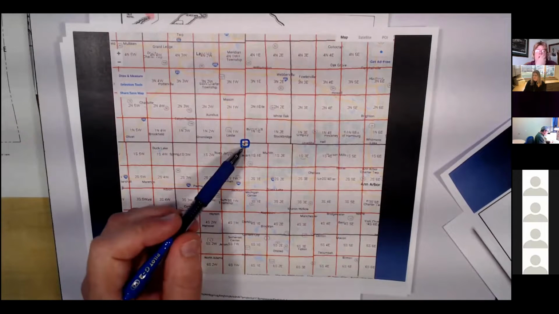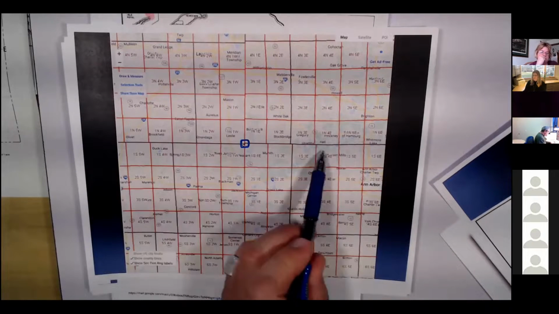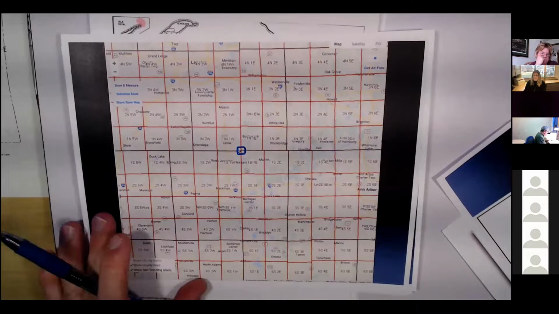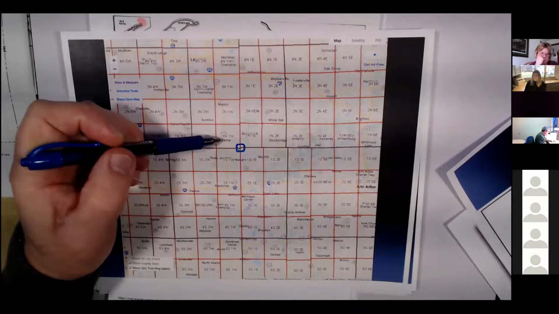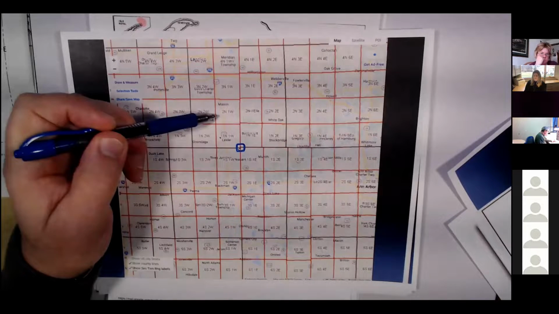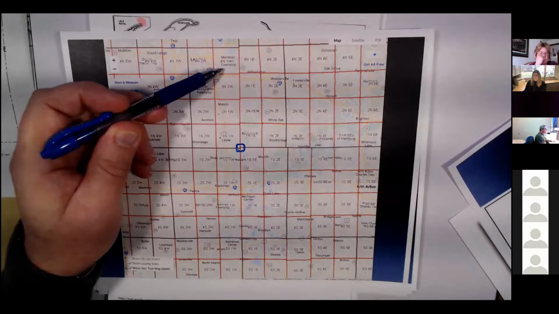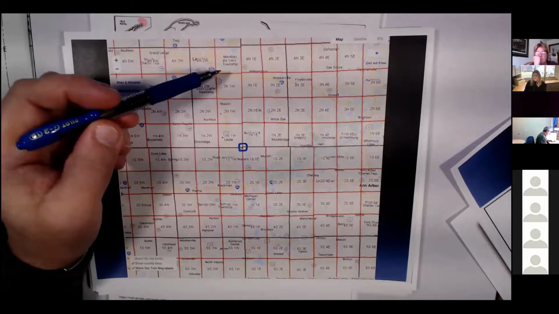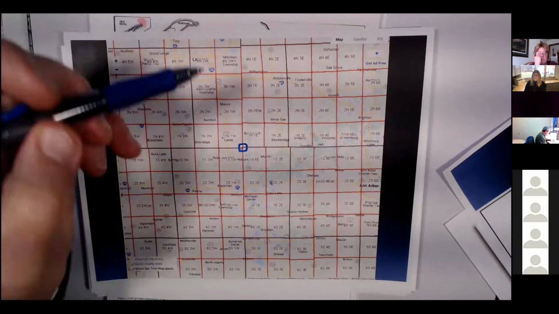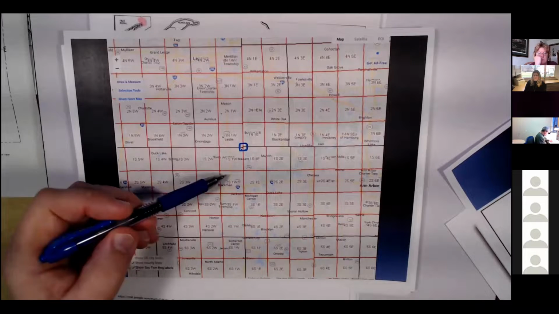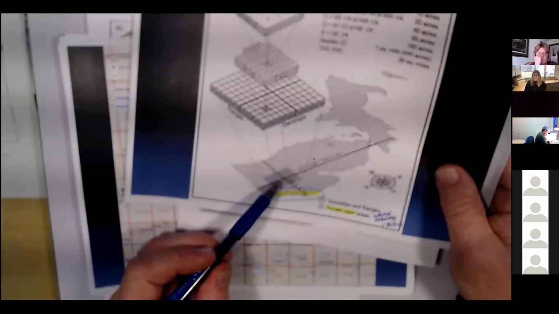The east to west line is called the baseline. Everything located north of it is a township north. This is township 1 north, 2 north, 3 north, 4 north. I think there are 68. I might have that number transposed, but there are 68 townships north of this point. And I think there are a total of 7 that are south. As you can see, it's not at all central.